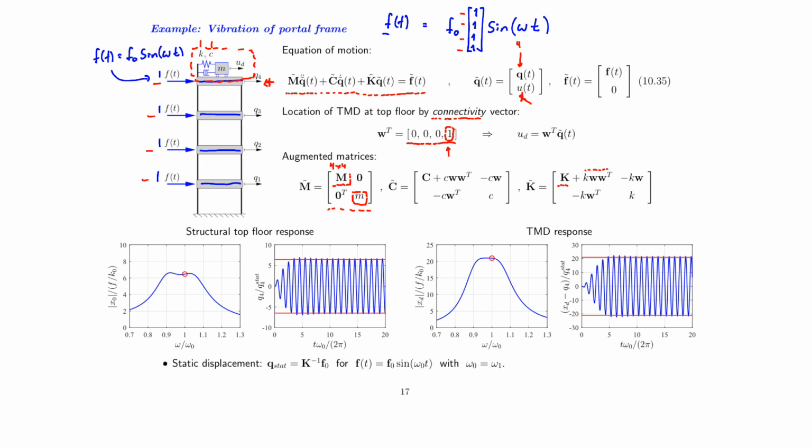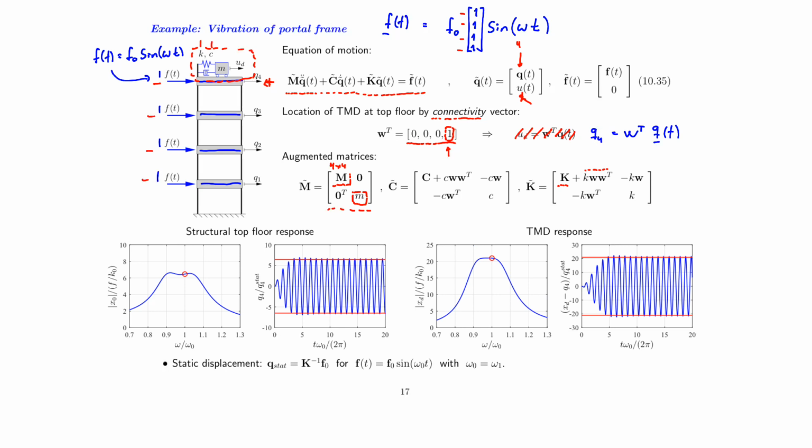By that we can move the TMD up and down, all depending on where this unity value is placed in the connectivity vector. The connectivity vector, of course, defines the deflection of our structure, and this is not correct. I will provide you with a revised version, but q4 is equal to the connectivity vector multiplied by the original degree of freedom vector, the one without the tilde.